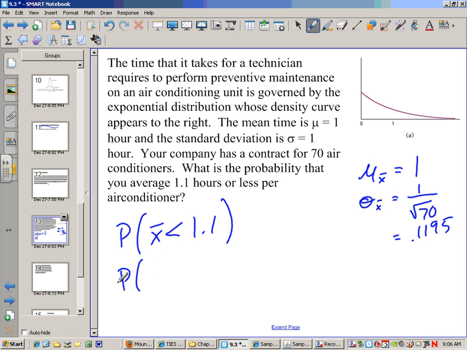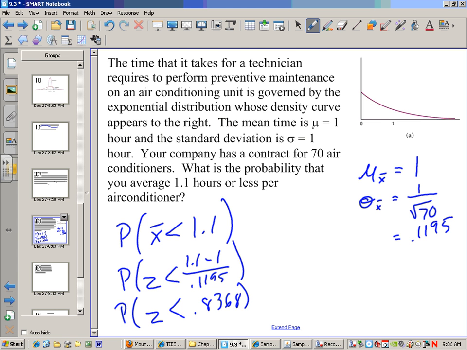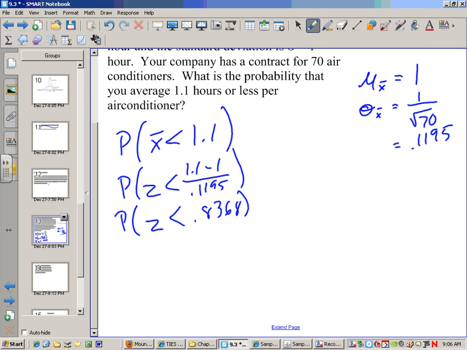So I want to find the probability that my z-score is less than 1.1 minus 1 divided by 0.1195. So I take 1.1 minus 1 divided by 0.1195, and I get the probability that my z is less than 0.8368. So now I do a normal CDF. Oh, this would be a negative.